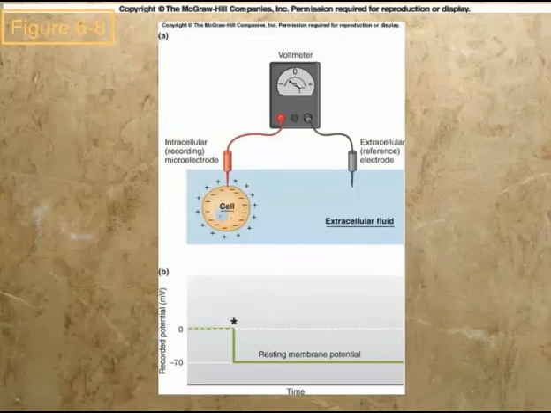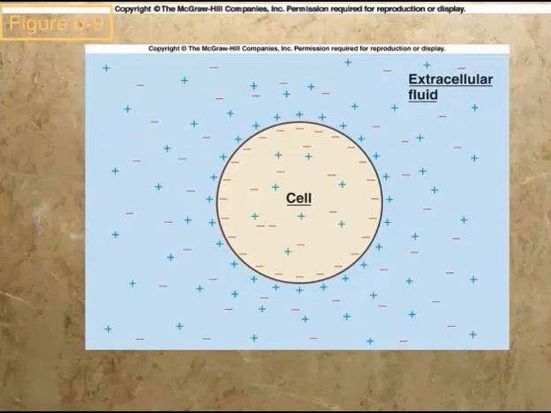Now, go to the next slide and look at figure 6.9 and see how electrical charges across the cell membrane tend to collect together very closely near the cell membrane itself. Figure 6.9 shows how charged ions line up close to the cell membrane. This should make sense as these oppositely charged ions are attracted to each other.